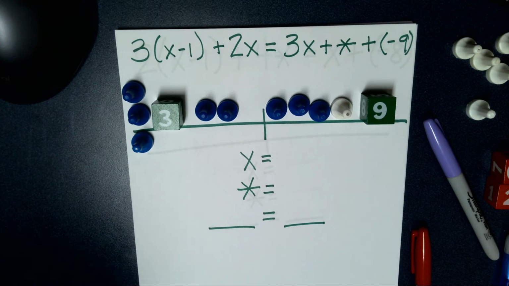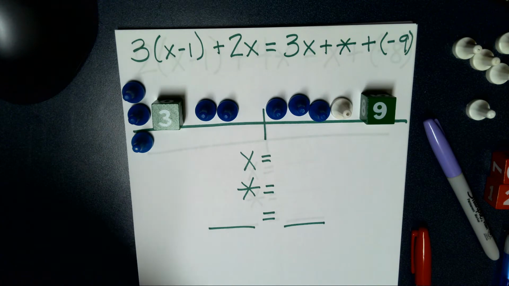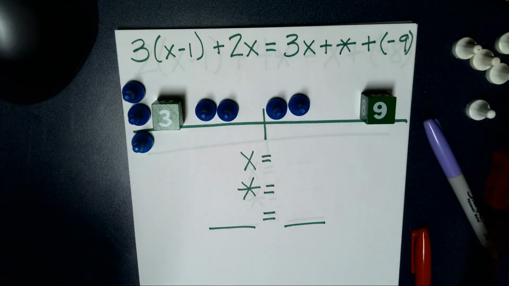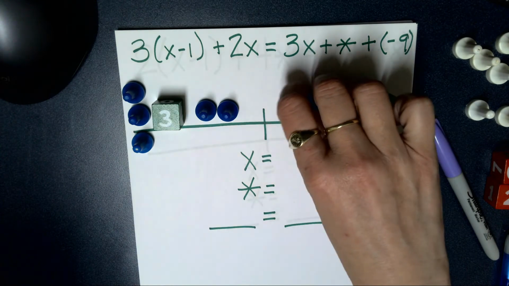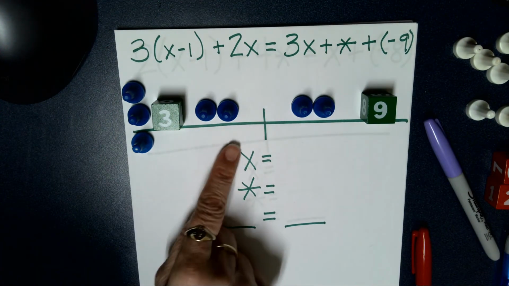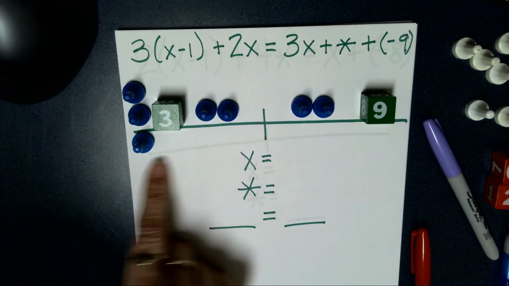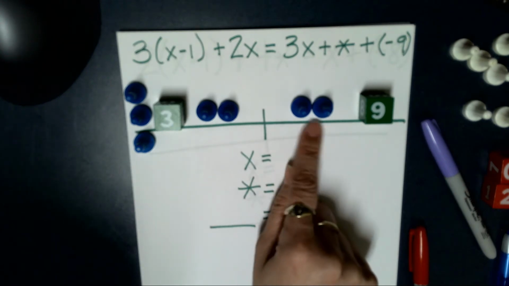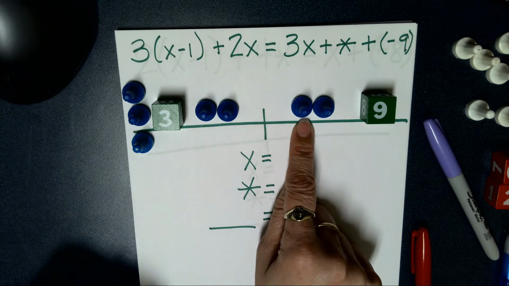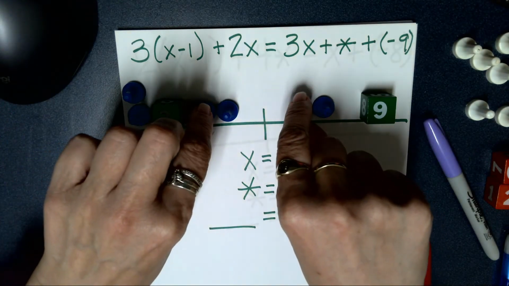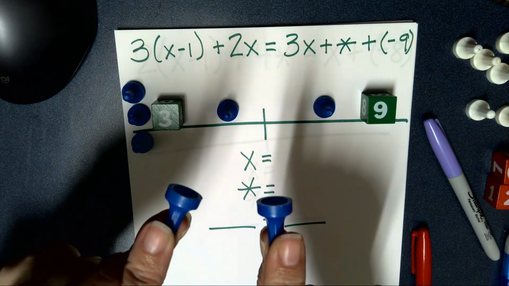Do I have any 0 pairs here? Yes, I do. I have 1 on the right hand side, so I'm going to remove that. And I notice that I have more pawns on the right, so I want to take away these 2 pawns. How am I going to do that? Let's use our legal move that tells us that we can remove a pawn from each side at the same time.